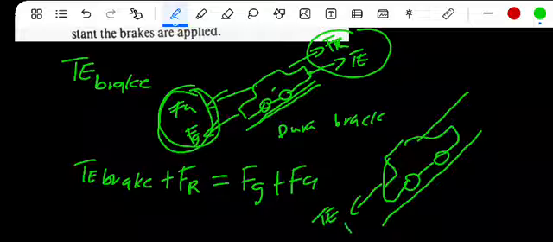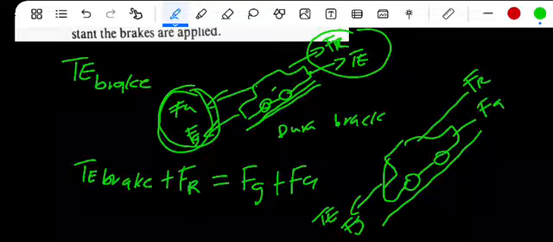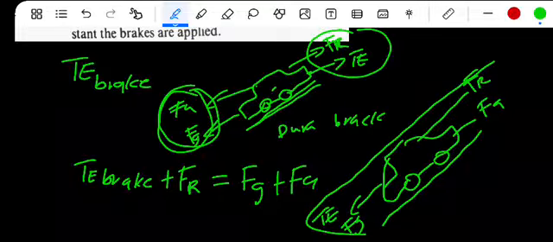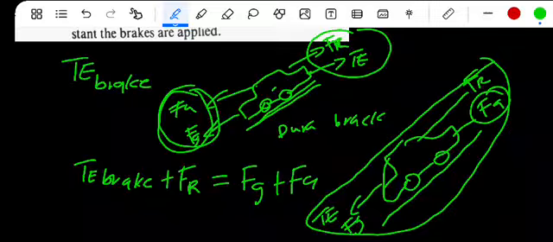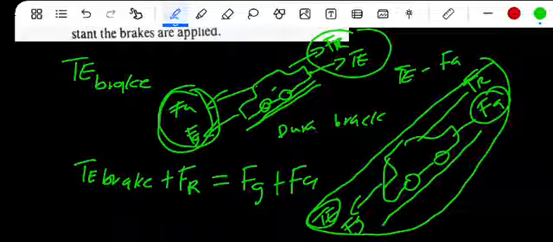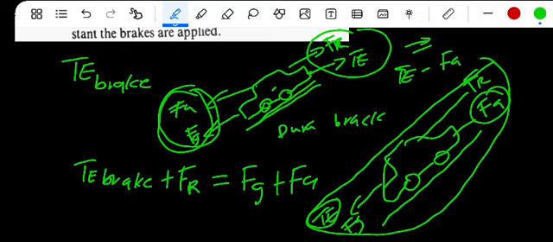We'll have FG as always, we'll have FR, we'll have FA. During no break, the normal scenario. But during break, these two, they will interchange, TE and FA. They will simply swap at that instant.